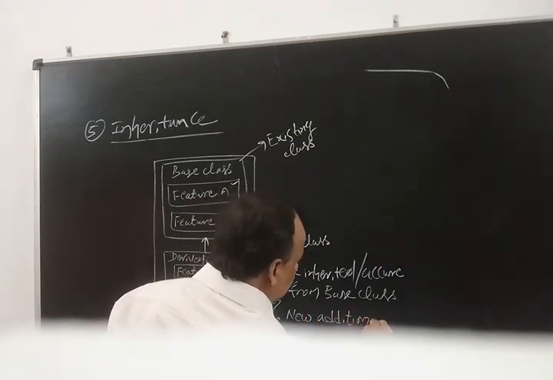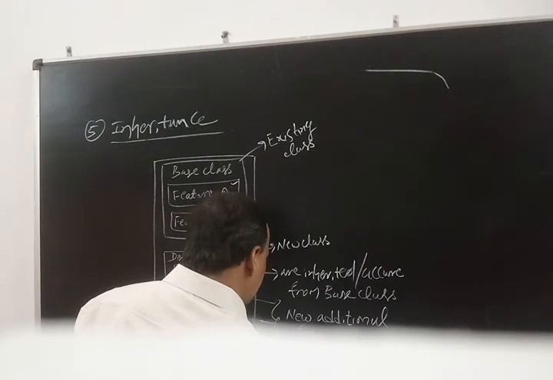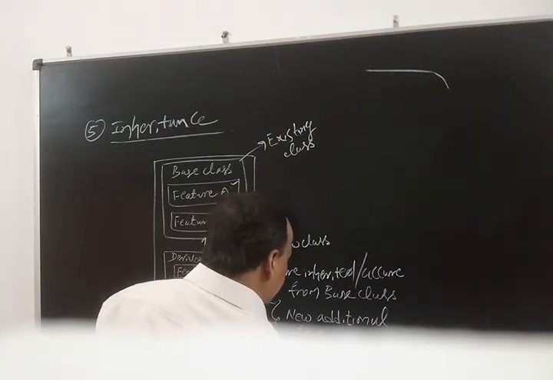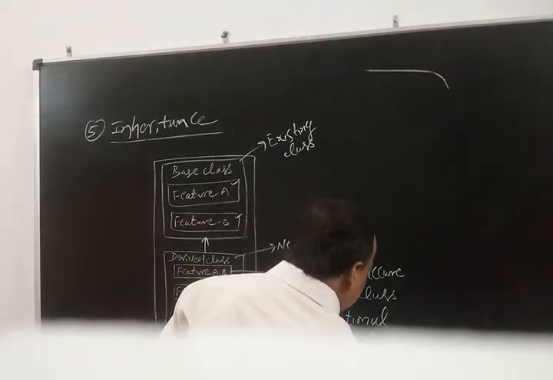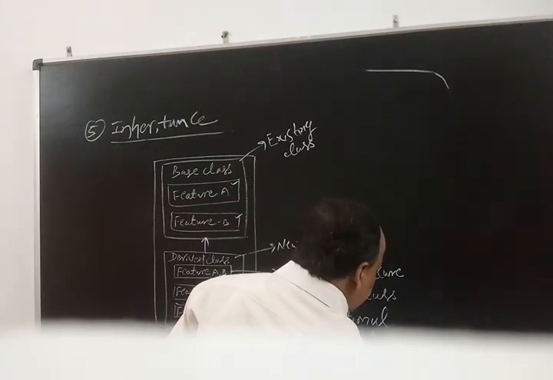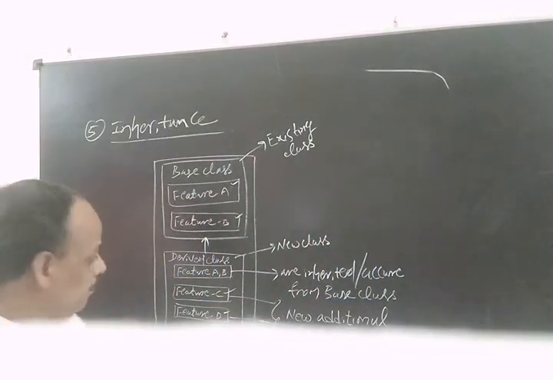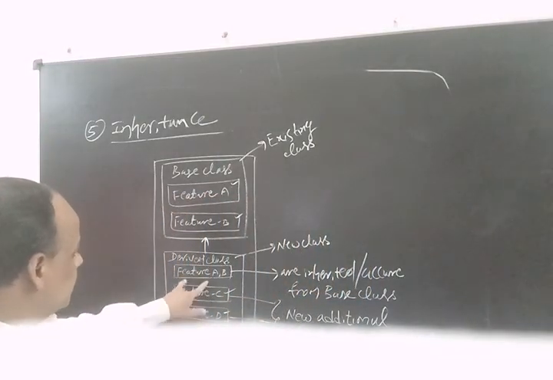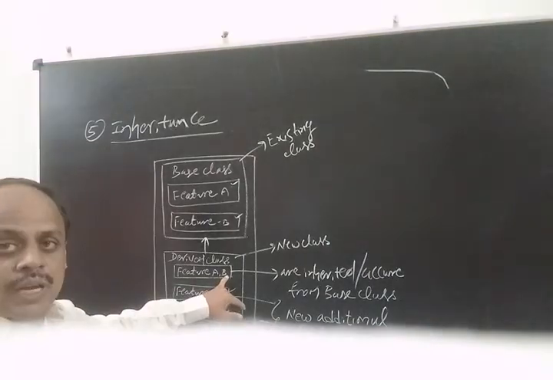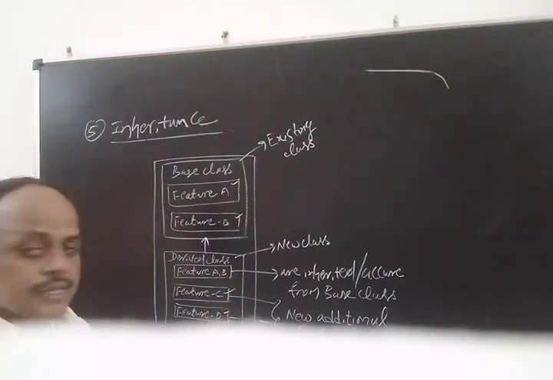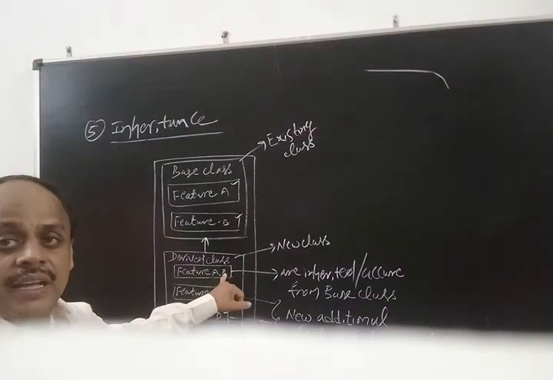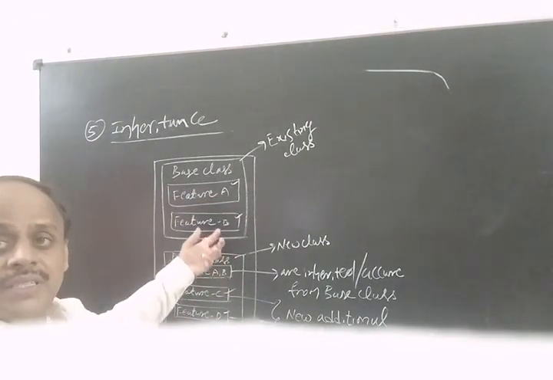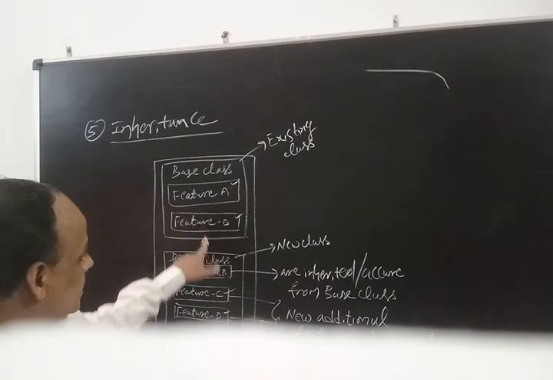These C and D features are new additional features of the derived class. See what is happening in the derived class: feature A and B are also there, and feature C and D are also there. In the derived class, feature A and B are inherited, or acquired, from the base class.